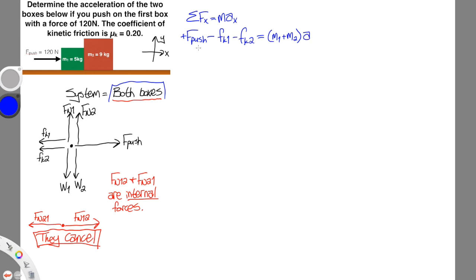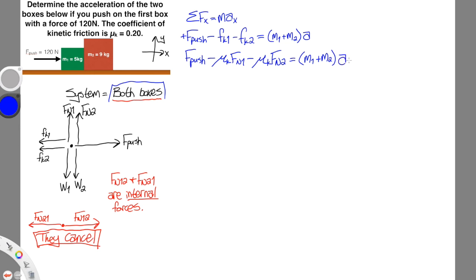Now to bust out some formulas, the push force has no formula, it's just 120 newtons. But Fk1 is mu k, the coefficient of kinetic friction, times Fn1. And Fk2 is mu k times Fn2. And that all equals the total mass times the acceleration.